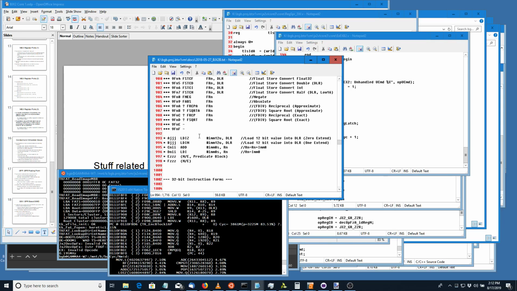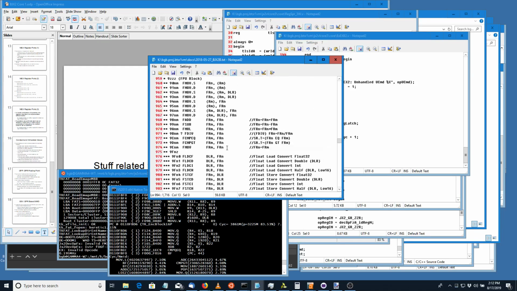So we can load 12-bit immediates into DLR, so that's the amazing 12-bit constant load thing. And add or load 8-bit immediates into any of the arbitrary low 16 registers.